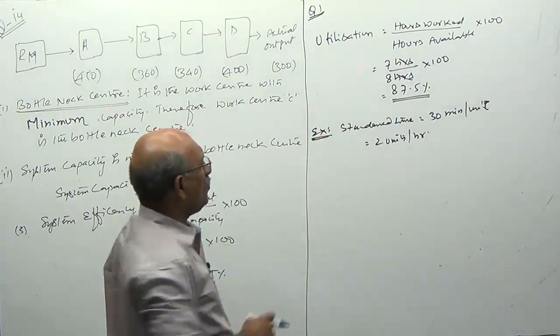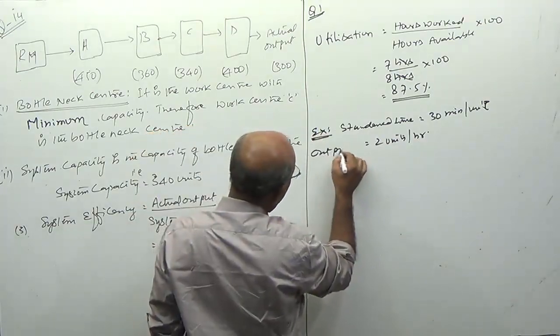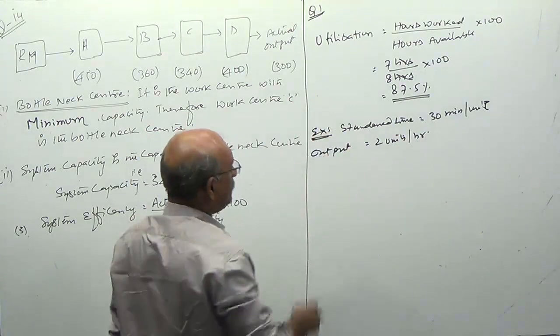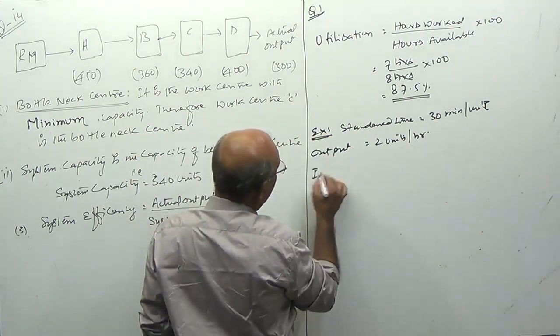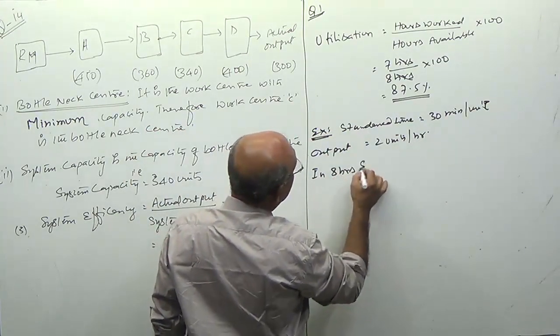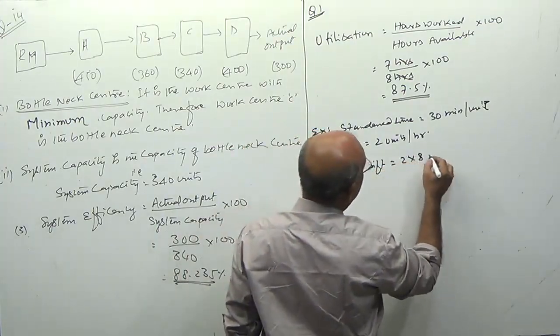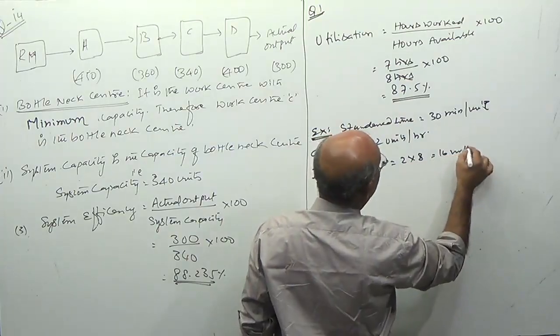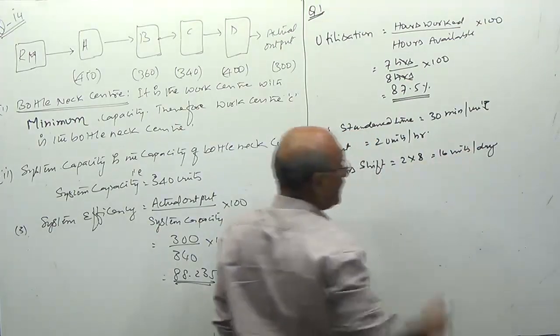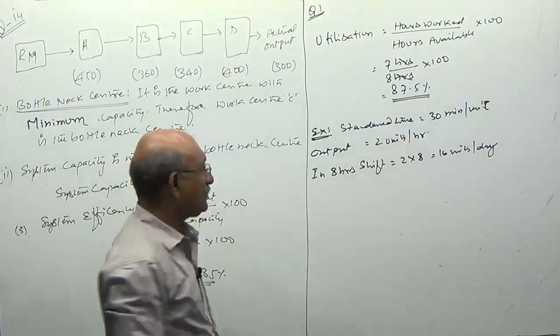Standard time allowed means output is equal to 2 units per hour. In an 8 hours shift, 2 into 8, 16 units per day he has to produce.